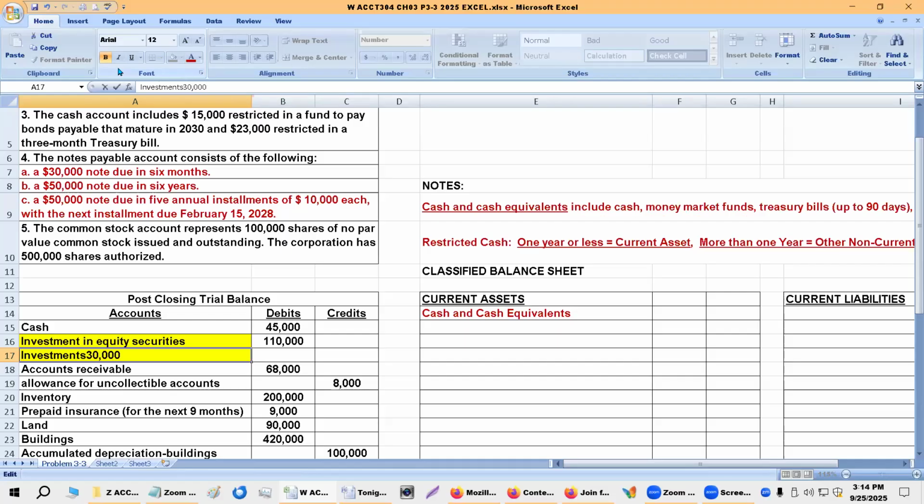So investments 30,000. So the rest of it would be what, 80,000? Yeah, so current.